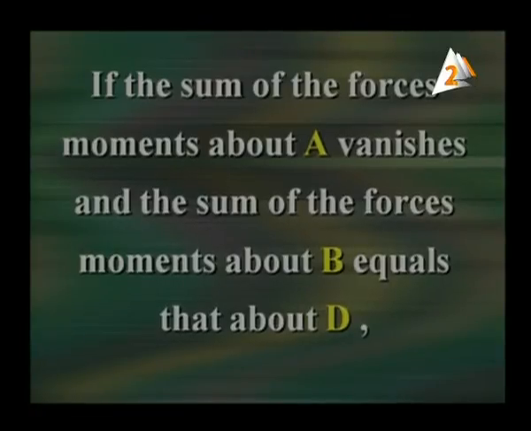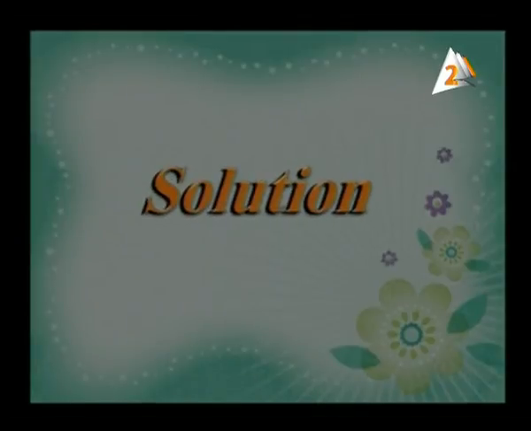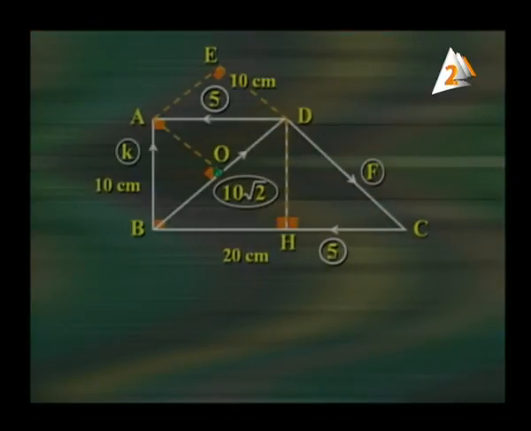From the given, we say, since ABCD is a square, we say that BD equals 10 root 2 and BO equals 5 root 2. Also, AE equals 5 root 2 centimeter.